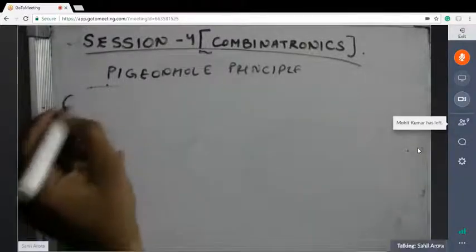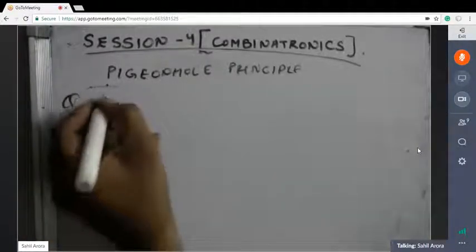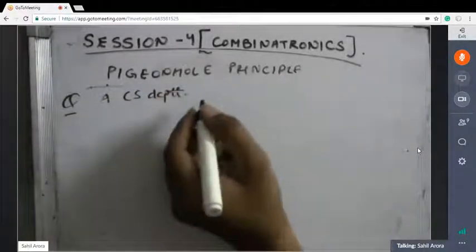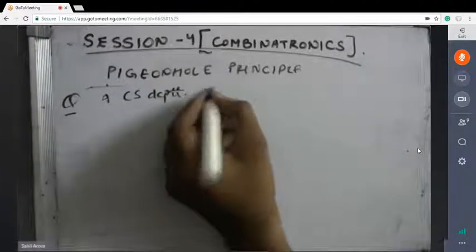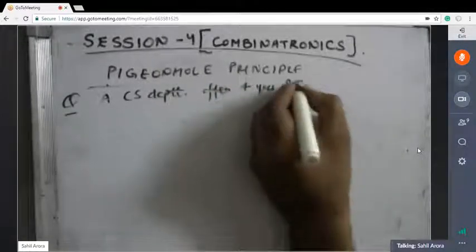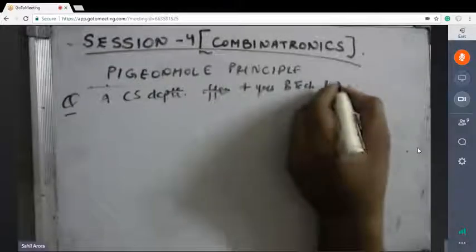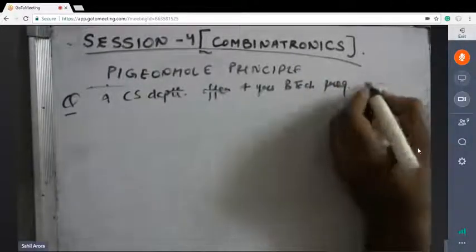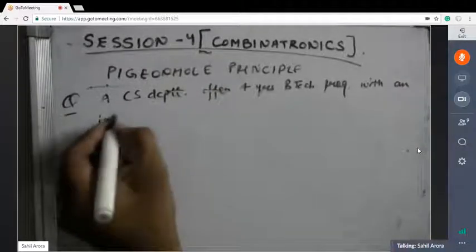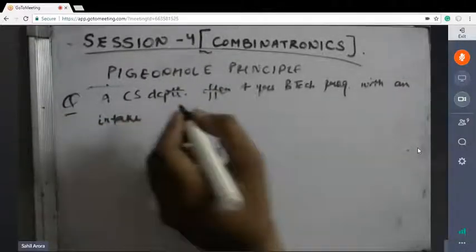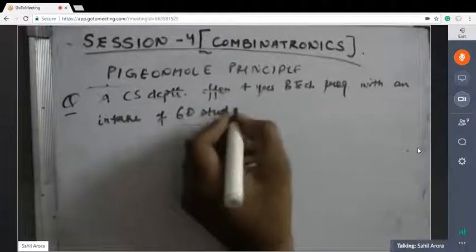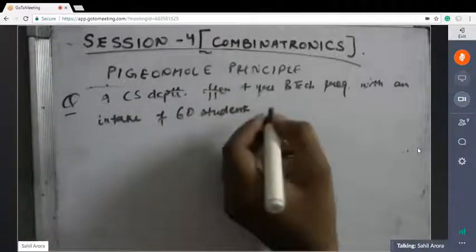The next question says, a CS department offers a 4 years BTech program with an intake of 60 students each year.